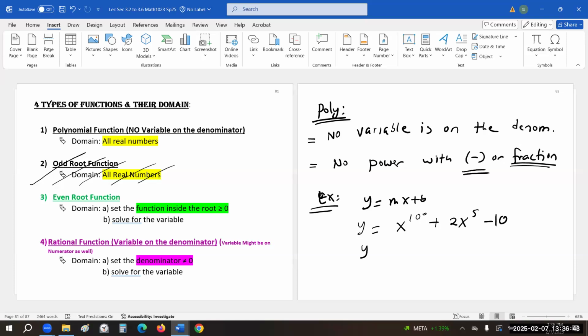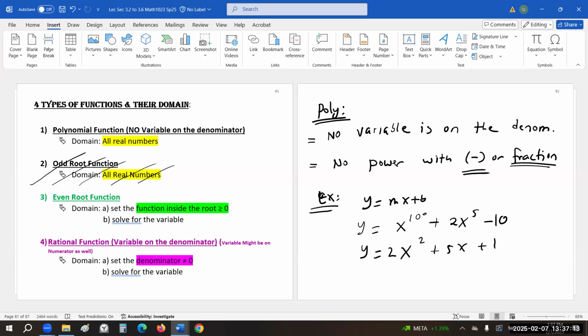Or we have more examples. Let's say y equals 2x squared plus 5x plus 1. This is also a polynomial. Why? Because all the x have whole positive numbers as their powers, and none of the x and y are in the denominator. So no negative power, no fraction power, no variable in the denominator. If you have that, it's a polynomial.